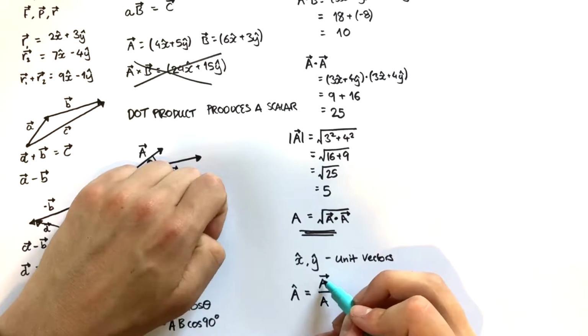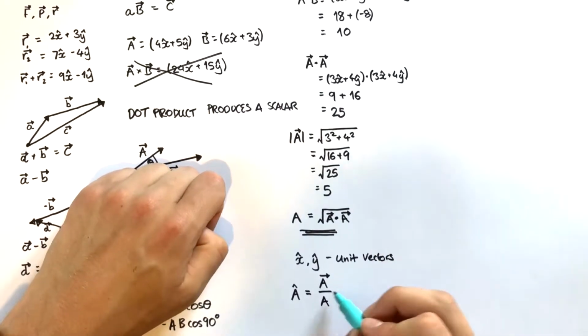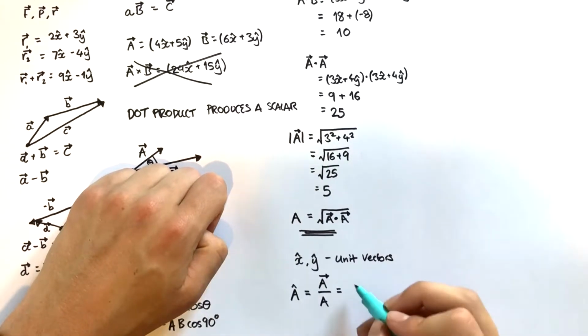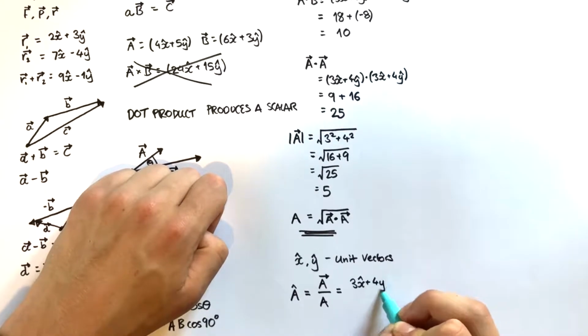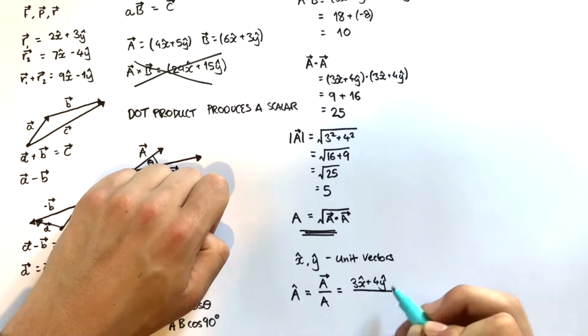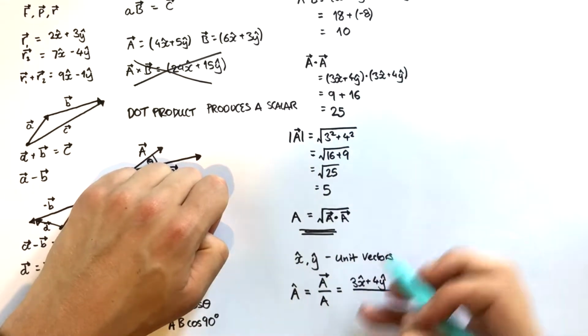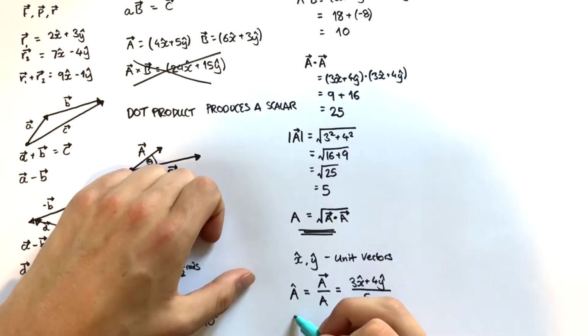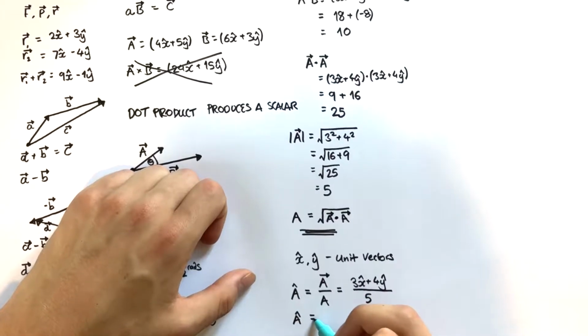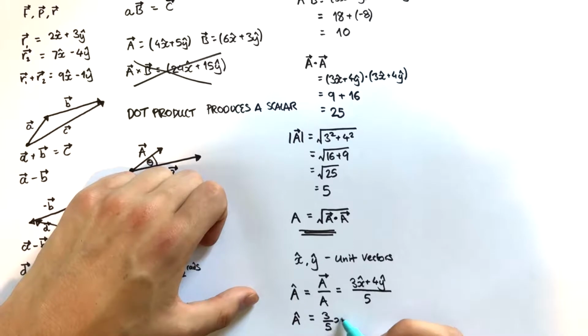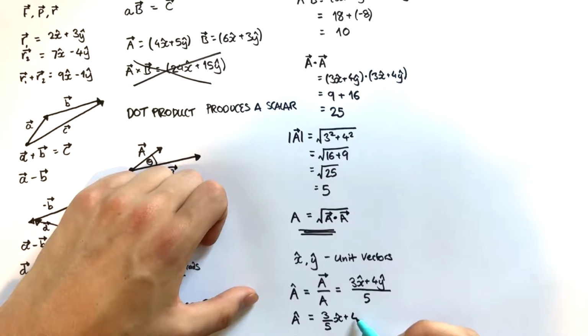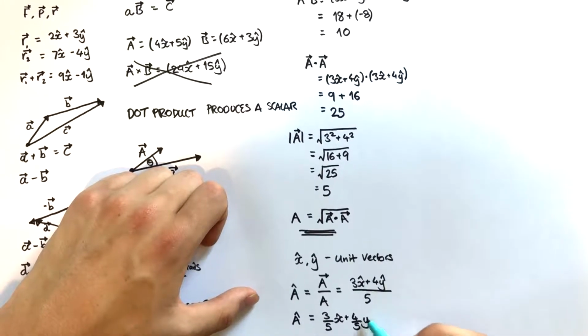So you simply do A over the magnitude of A. And what are we going to end up with? Well, we said that A is 3x hat plus 4y hat. And what was the magnitude of A? Well, we worked that out just a second ago. It was 5. So we can say that the unit vector pointing in the direction of A is 3/5 x hat plus 4/5 y hat.